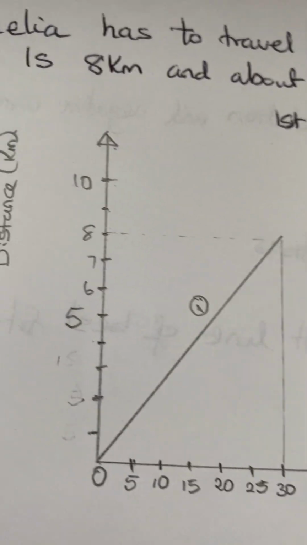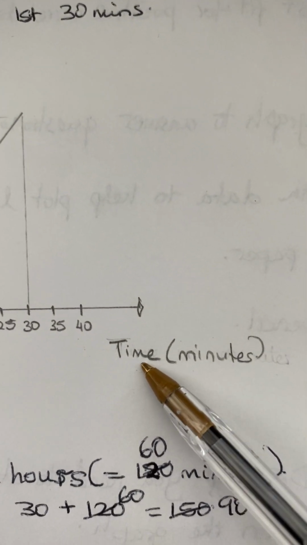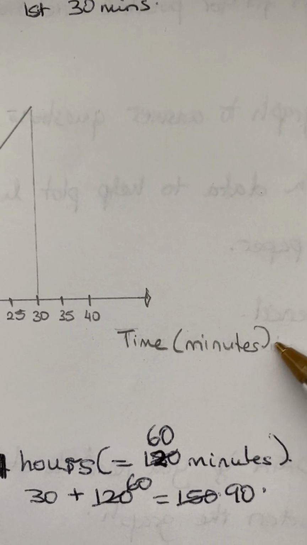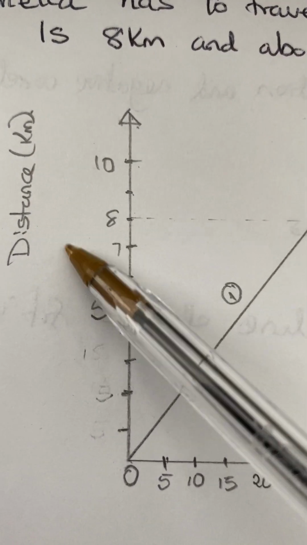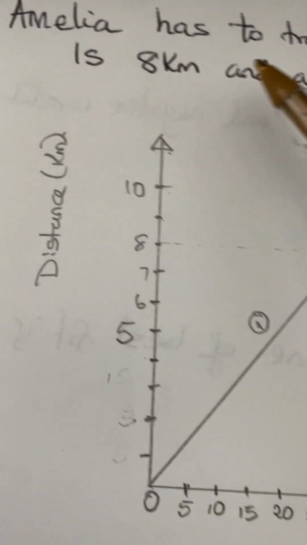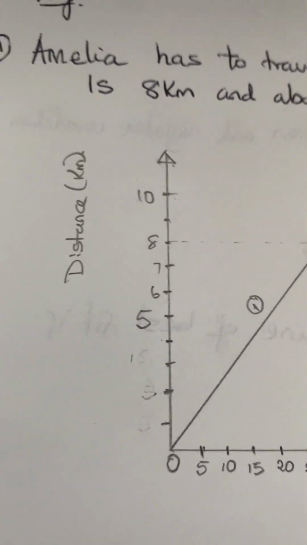So the first part of the travel graph: on my x-axis I have the time in minutes, and on my y-axis I have distance in kilometers. So she's going to travel 8 kilometers in 30 minutes.